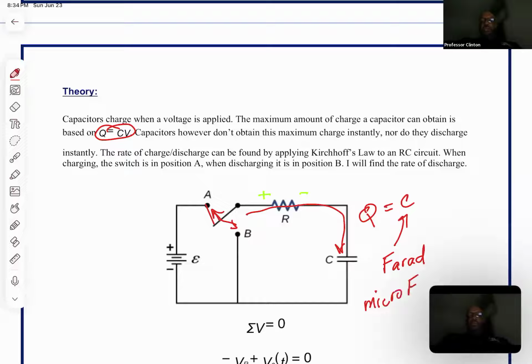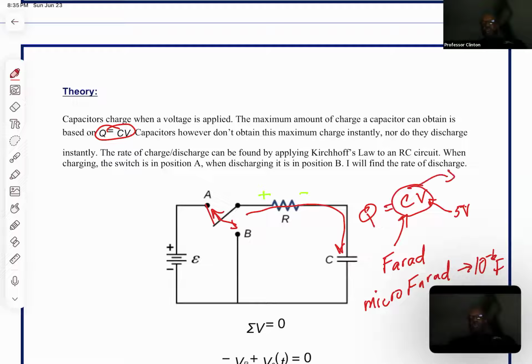A microfarad is 10 to the minus 6, so you'll have to use that exponential notation, and then multiply by the voltage. Here you'll see voltage in terms of kilovolts. Actually, in this case, it was just 5 volts, sorry. And the charge is going to come out in coulombs. So be careful when you use abbreviations.